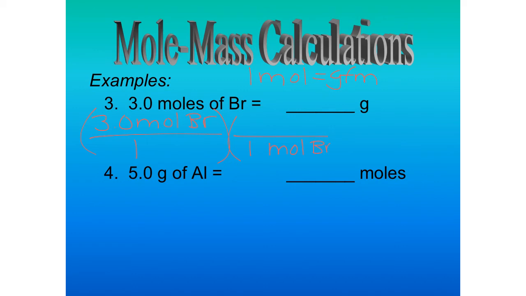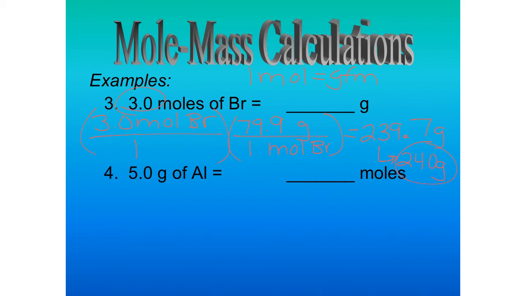So 1 mole of bromine is equal to 79.9 grams. Again, we get that off of the periodic table. Then we pick up our calculators and do 3 times 79.9. That gives us 239.7 grams. In order to get 2 significant figures, since we started with 2, we will round that to 240 grams.